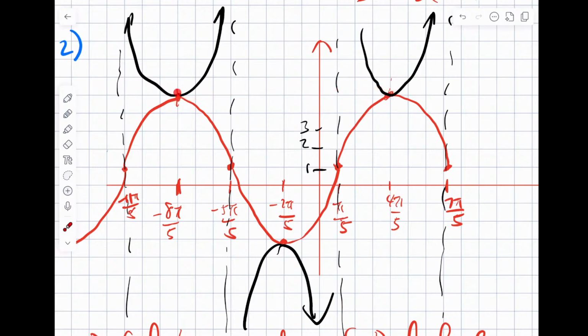So what's the distance from negative 8 all the way to 4? 12 pi over 5. Yeah, so you have to say 12 pi over 5 equals 2 pi over b.